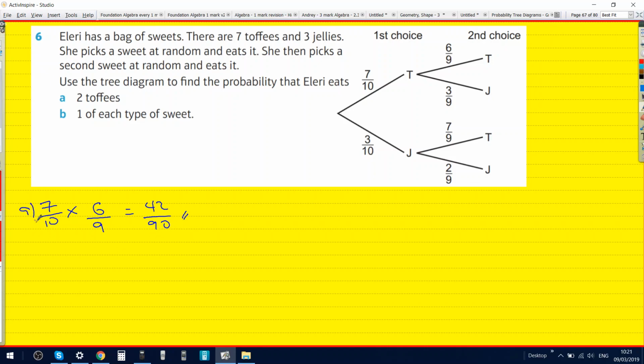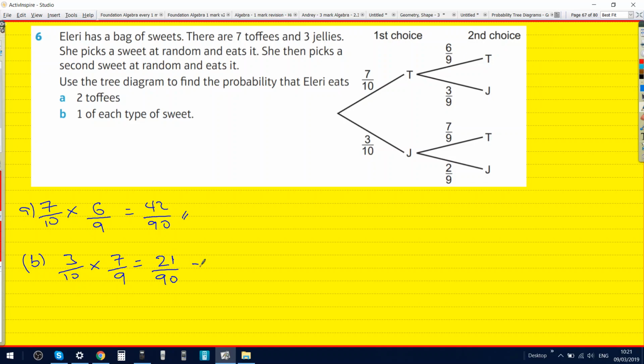Okay, B: one of each type of sweet. So could you do 3/10 times 7/9? Yeah. So that would be 21 over 90.